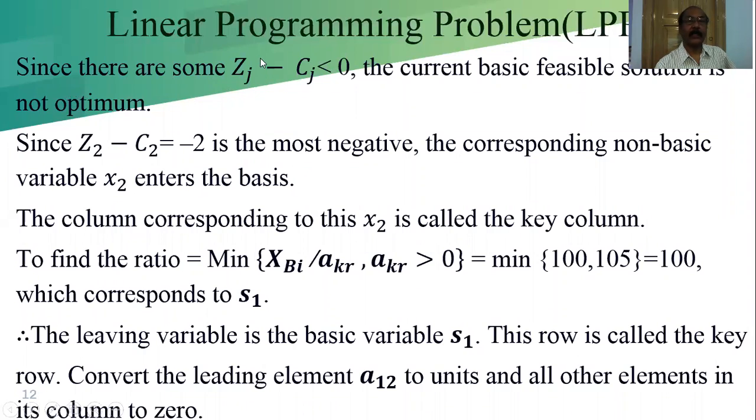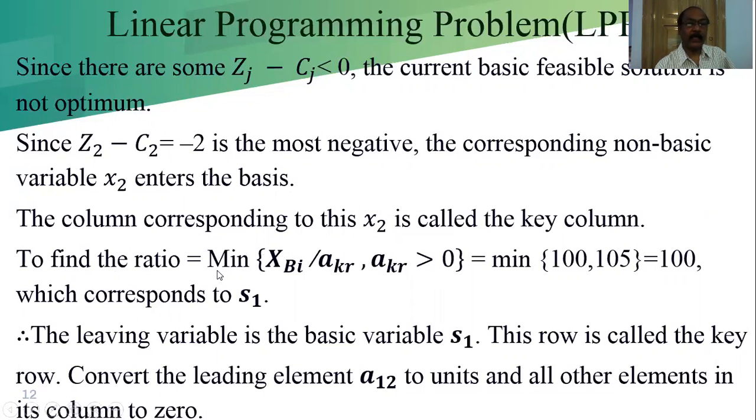Since there are some Zj minus Cj less than 0, the current basic feasible solution is not optimum. Since Z2 minus C2 is equal to minus 2 is the most negative, the corresponding non-basic variable X2 enters the basis. The column corresponding to this X2 is called the key column.